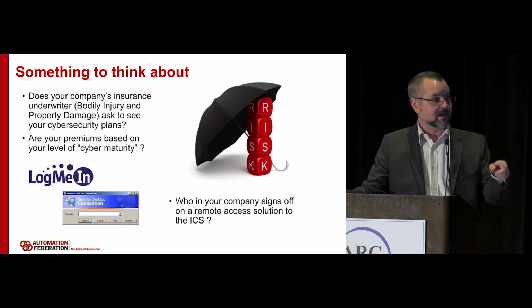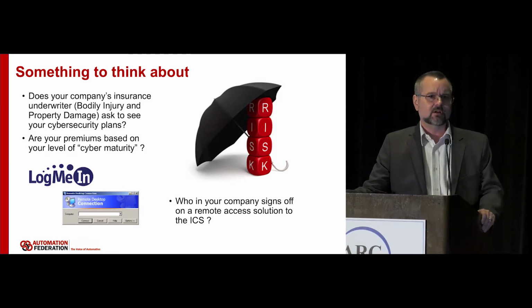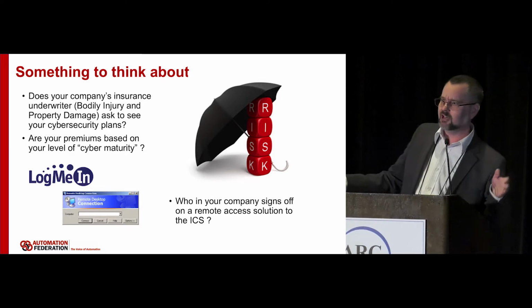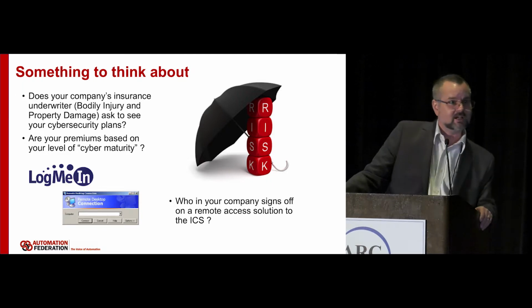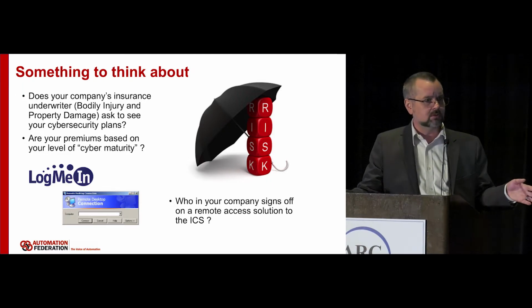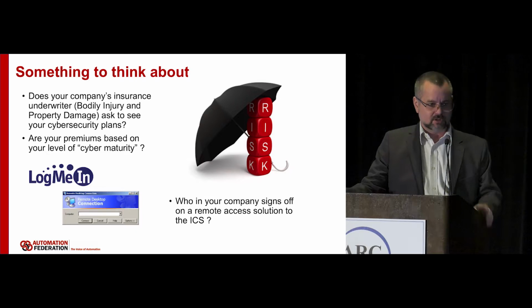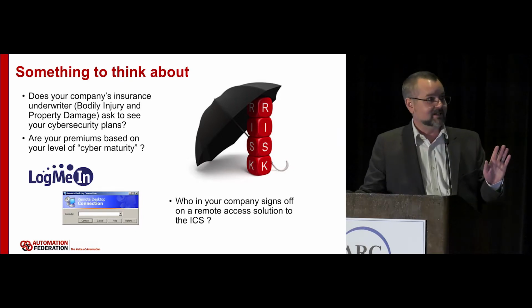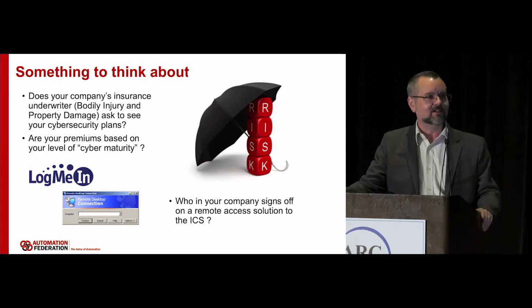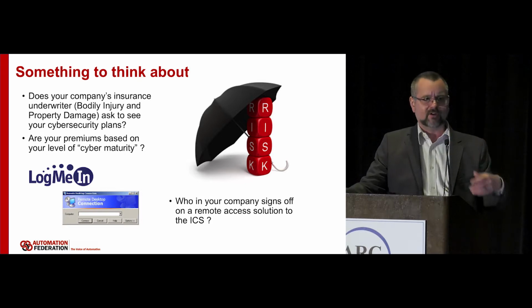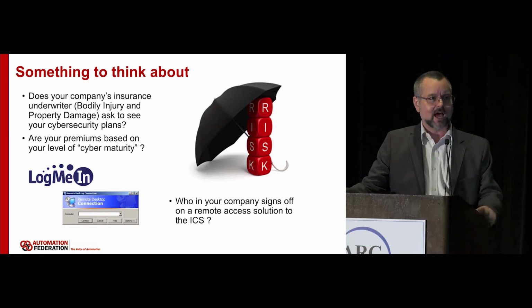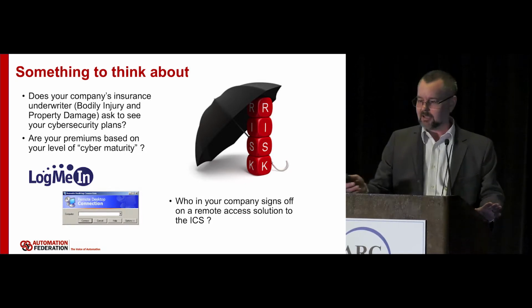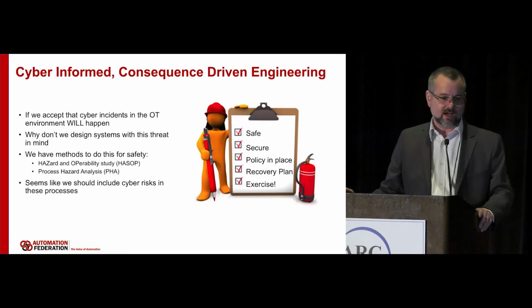Well, now those same people are starting to ask, what's the cybersecurity profile of that system? And does that affect how much we're going to charge you for insurance? So the actuarial data does not exist yet for the most part, but insurance companies are very eager to understand how this impacts a company's risk profile.